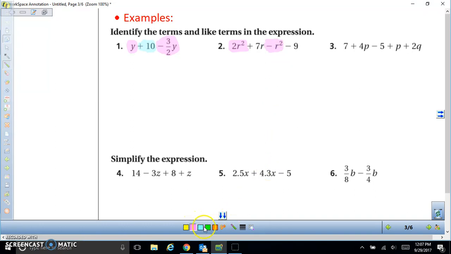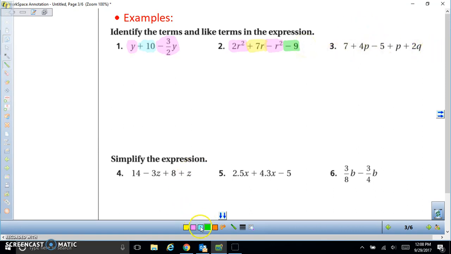Okay. -9 doesn't have an r squared, so it's not a like term. Now we're going to go through and look for anything that has a 7r. Sorry, not a 7. It has just an r. Okay, -9 doesn't have an r with it, so it's not a like term. And our last one, -9, is all by itself. Okay, so we have 2 like terms here and 2 non-like terms all by themselves.